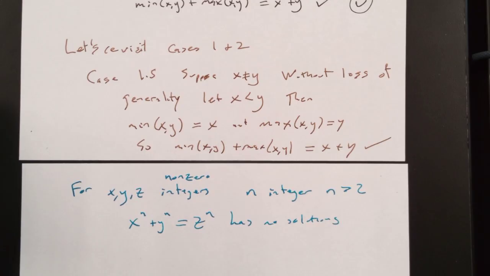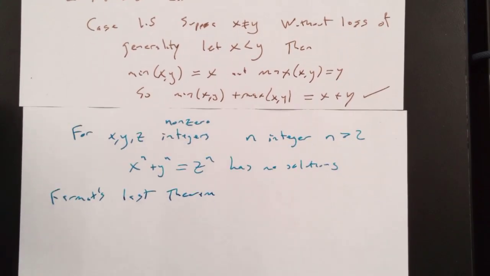He had a list of examples. A huge list of examples. This particular copy of arithmetic had lots of notes like that in the margin that Fermat wrote. All of them had been proved except this one. So it became known as Fermat's last theorem.